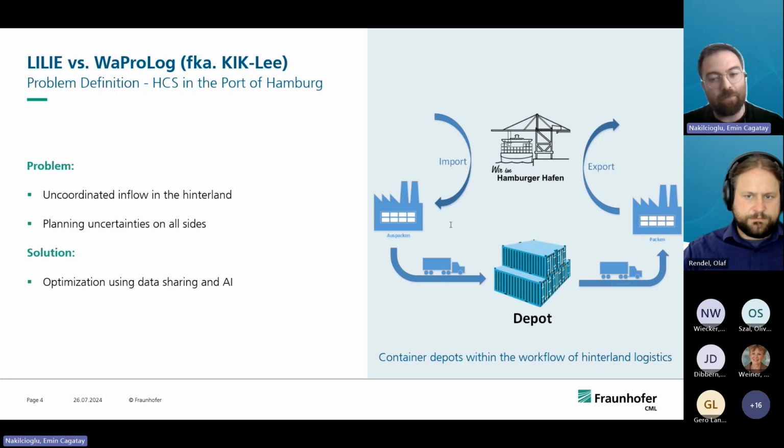It actually works just fine. There's no problem. But the problematic parts start with the uncertainties and miscoordination inside the workflow. So these enhance situations where there is overload or underload regarding the workload of the empty container depot, or any logistic node for that matter.